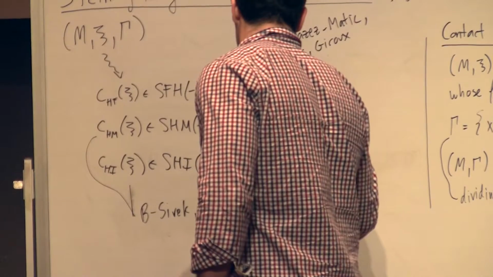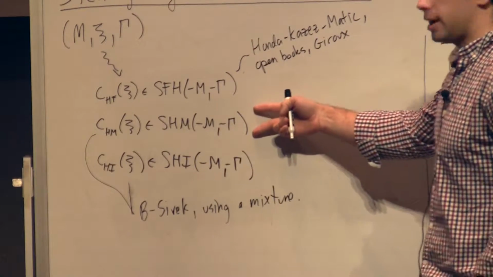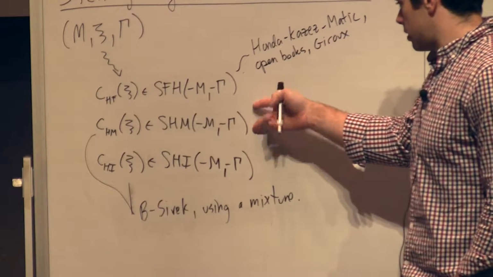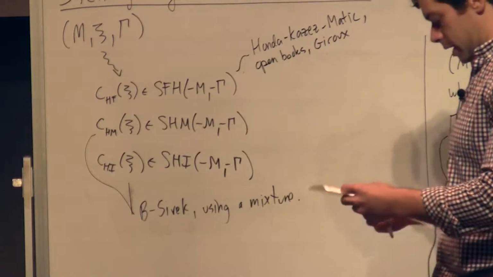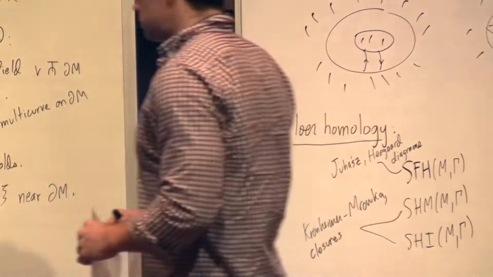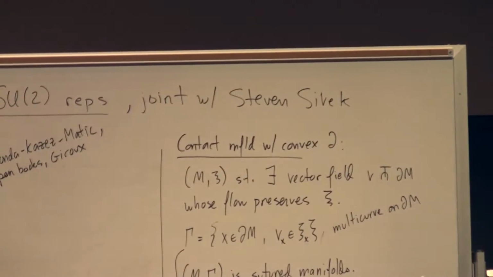So to define the monopole Floer contact invariant, we didn't actually use the Giroux correspondence. To define the instanton Floer contact invariant, we did use the Giroux correspondence. And I'll describe in a bit, hopefully, how these things are defined.